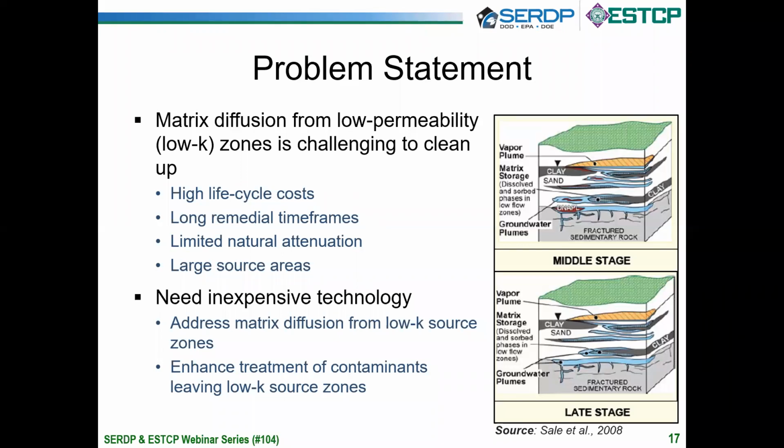And so what this ends up causing is sites that have high life cycle costs and often very long remedial timeframes. And so what we're really looking for are innovative and inexpensive technologies that will address the matrix diffusion that we're seeing from these low-K source zones, as well as enhance the treatment of contaminants leaving those low-K source zones.